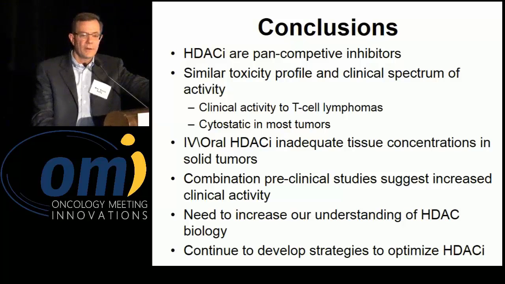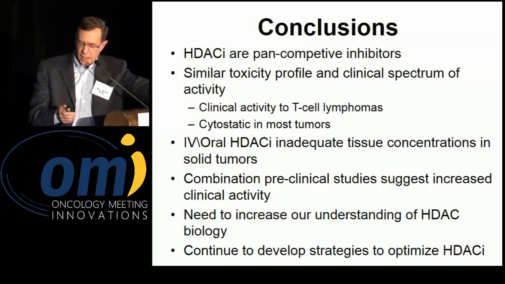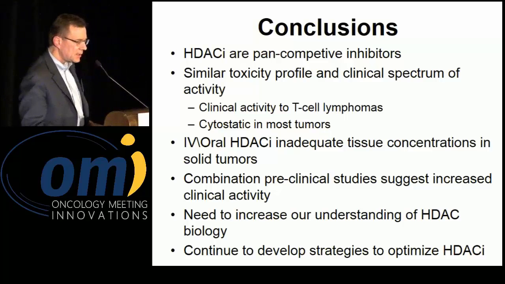There's activity in lymphomas right now, and modest activity in most solid tumors. Unfortunately, I don't think we have adequate tissue concentrations in solid tumors, which has limited its ability. Combinations in preclinical studies suggest increased clinical activity, and overall, we need to develop better strategies to optimize HDAC inhibitors.